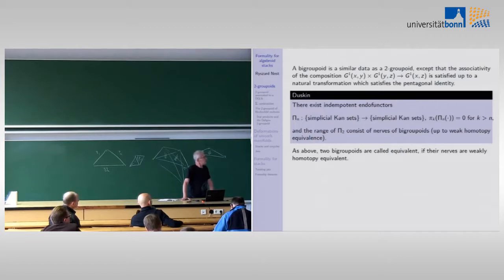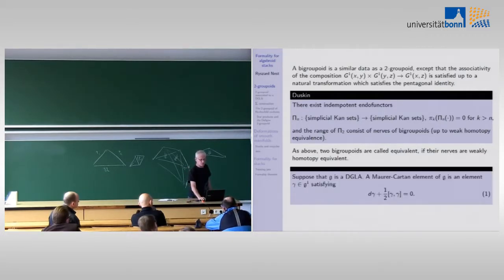So in particular, the range of pi 2 is the collection of nerves of bigroupoids. So given any Kan simplicial set, you can produce a bigroupoid out of it, just by using this projection. And again, two bigroupoids would be equivalent if their nerves are weakly homotopy equivalent. The reason that I'm spending time on it is that we will see some examples.